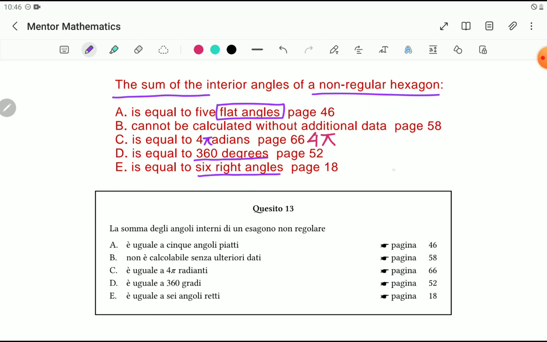So we know the right angle is just a 90-degree angle, and flat angle means 180 degree. Okay, this is flat angle. Okay, so we have to find out the sum of angles of a non-regular hexagon. I believe you know what is hexagon.